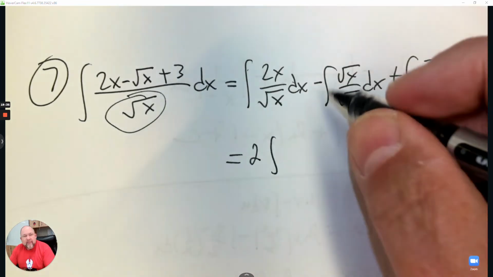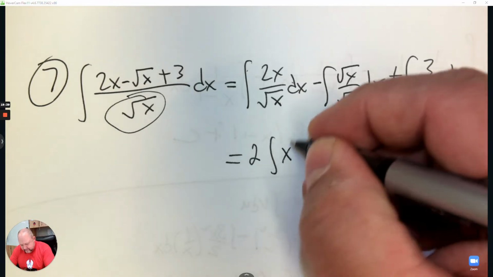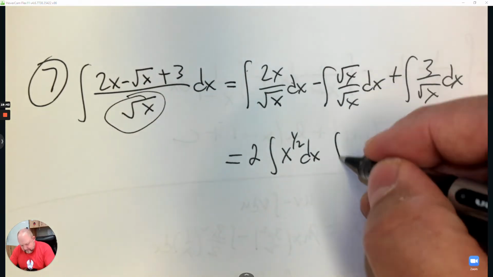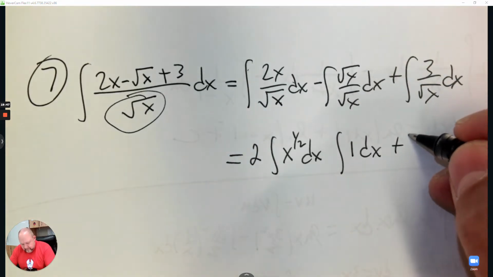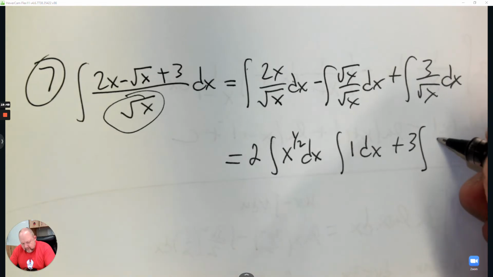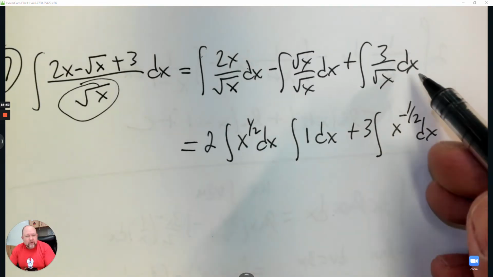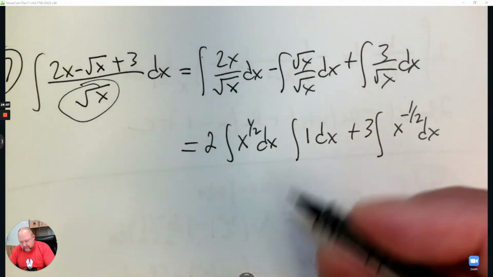I have a 2. Now this is 1 subtract a half. That's 1/2. Root x divided by root x, that's 1. And then this is going to be x to the negative 1/2. It's good practice putting the constant in front; it kind of cleans up the integration a bit for you.